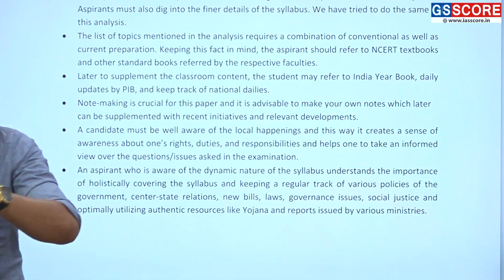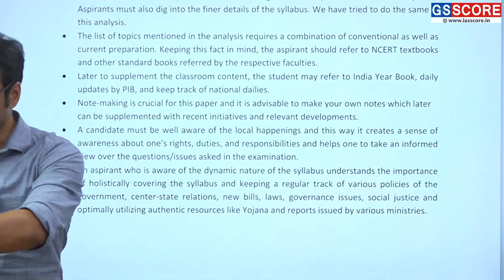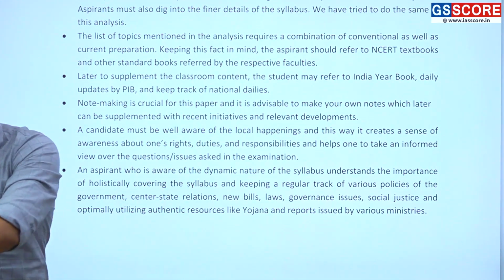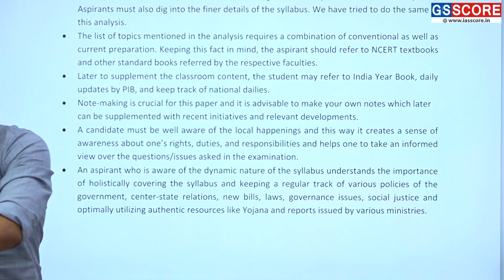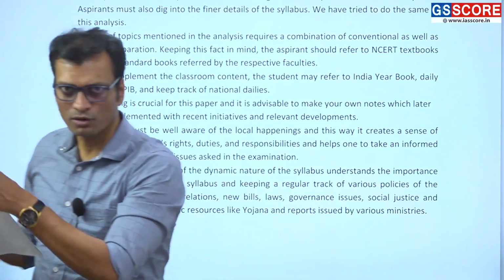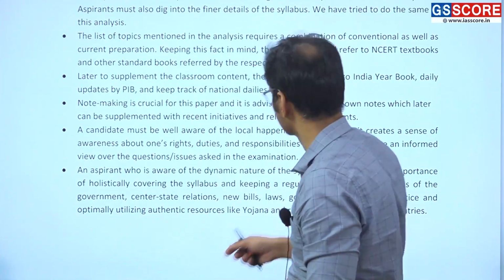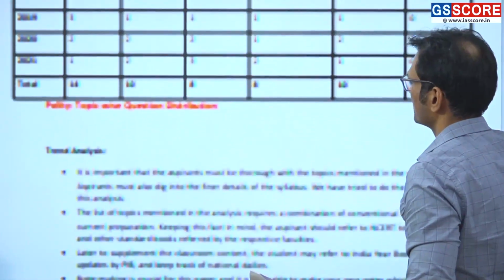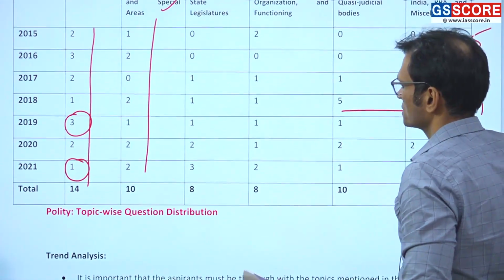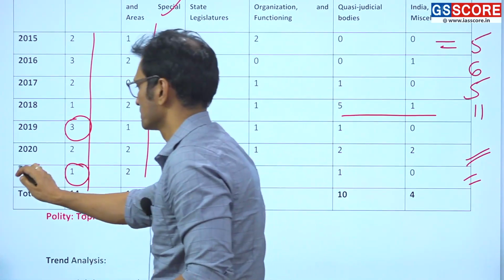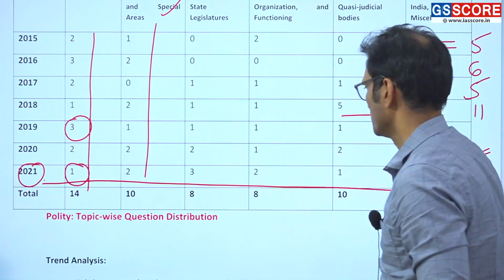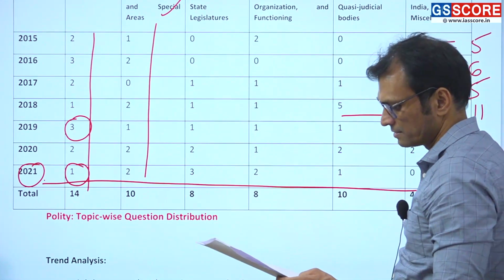For example, if I take 2021 only, to understand what kind of questions have been evolving, because each and every question has been asked earlier as well, but there has been some kind of evolution. These many questions have been asked in 2021.